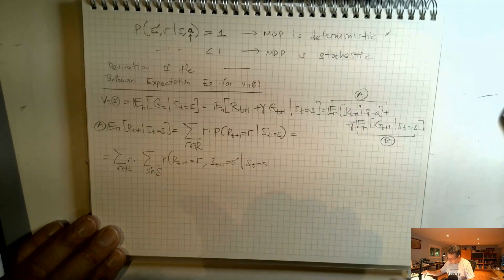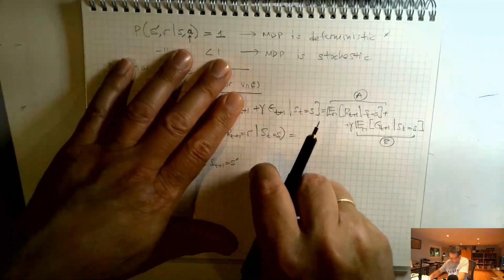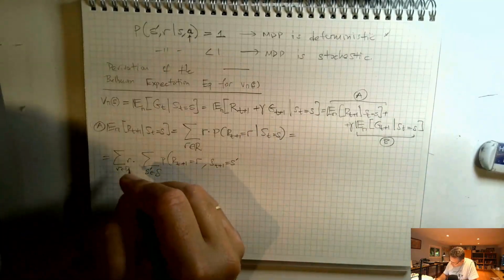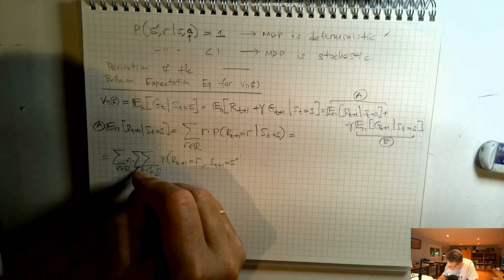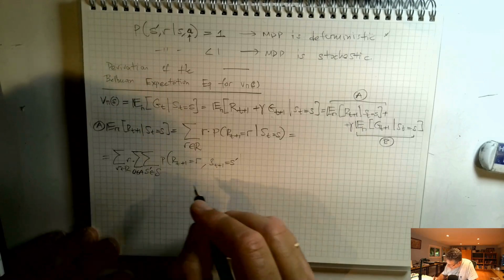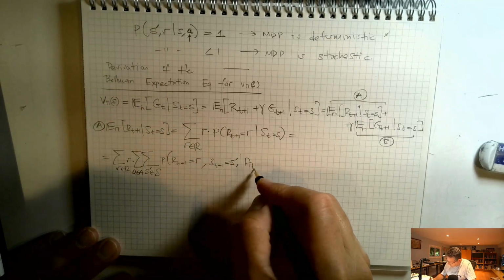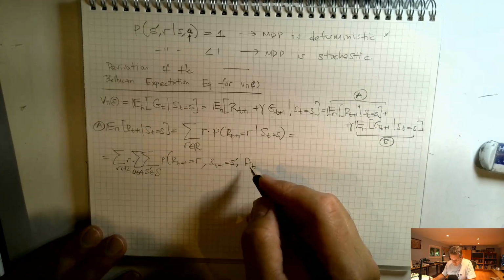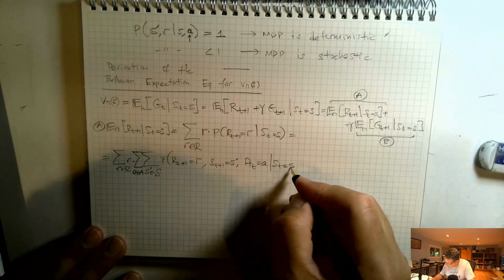In fact, we can even roll in here not just the s primes, the future states, but also the actions. So I can add another summation and do the marginalization of the complete thing that I need. So, comma, At is equal to a, given St is equal to s.